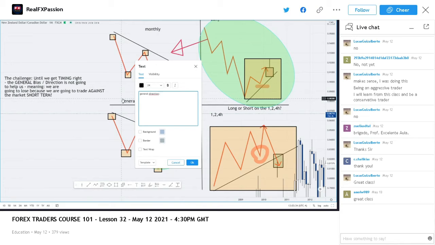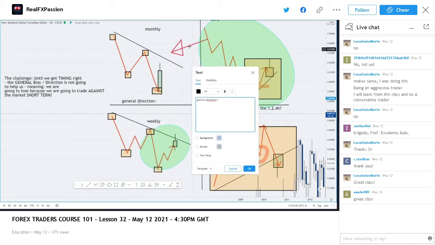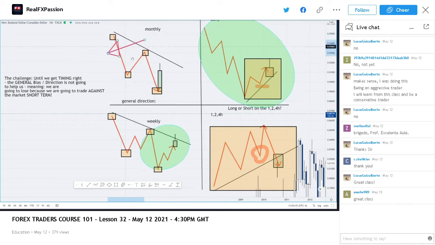What do you say, everybody? Long or short? This is an easy one, right? What does the market do? Is the monthly making lower lows, lower highs, or is the market making higher highs, higher lows?